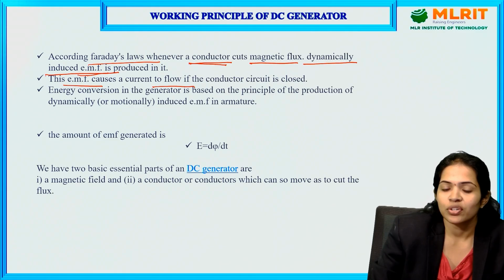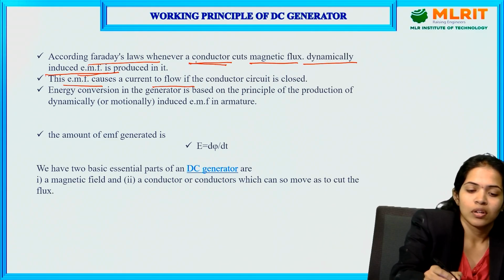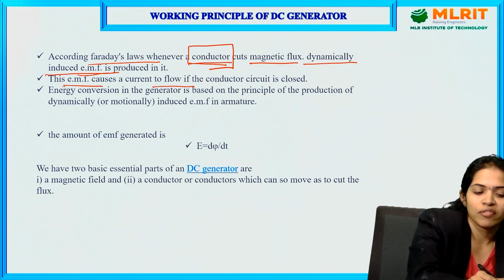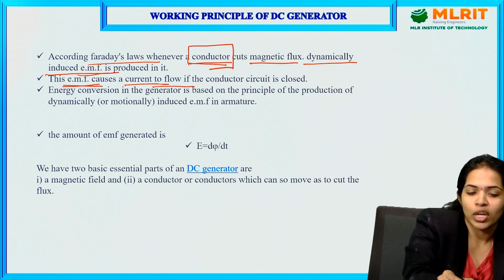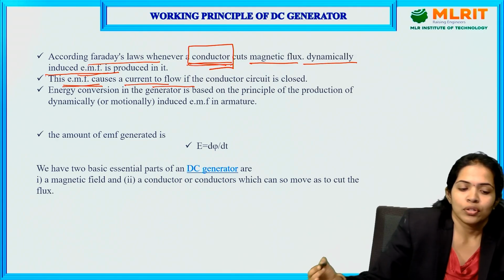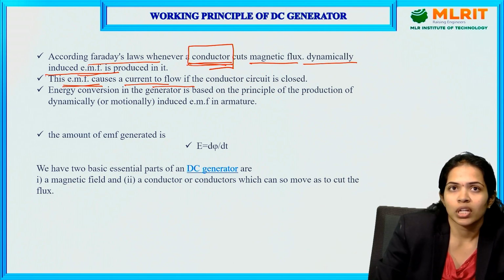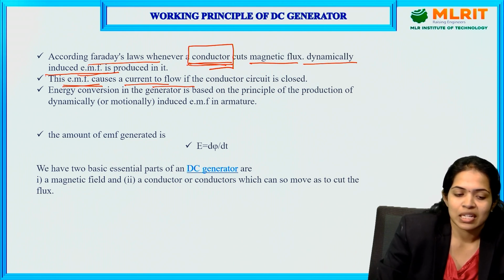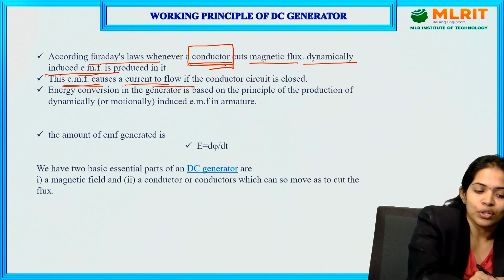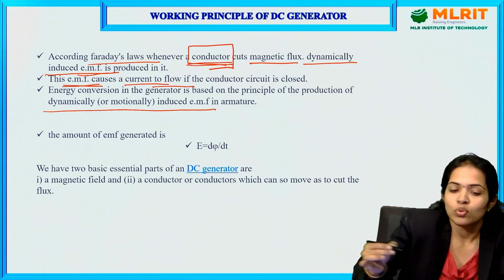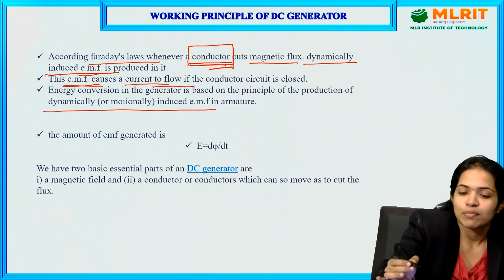When the conductor circuit is closed, this EMF causes the current to flow in that particular conductor. So the energy conversion principle involved in the working of a DC generator is nothing but dynamically induced EMF. This dynamically induced EMF is produced when the rotating conductor is placed in the presence of a stationary magnet.